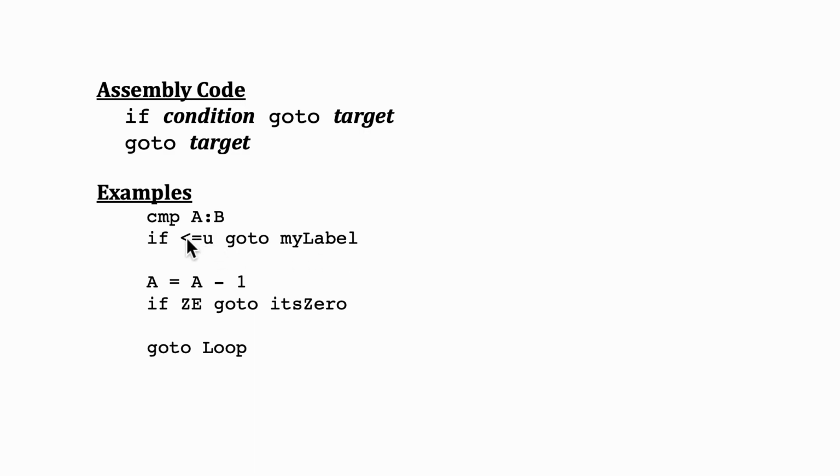We've specified the less than or equal unsigned condition variation here, and we are jumping to something called myLabel. In the second example, we are using an ALU instruction to decrement the A register, and we are testing whether it is 0 or not. In the final example, we see a simple unconditional jump instruction.